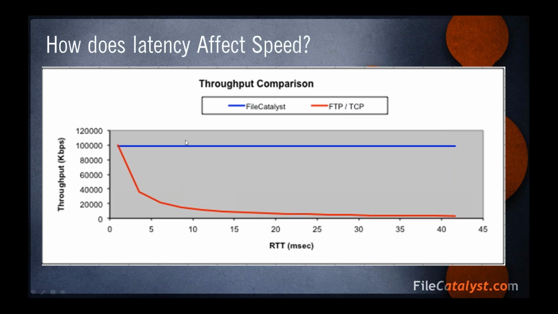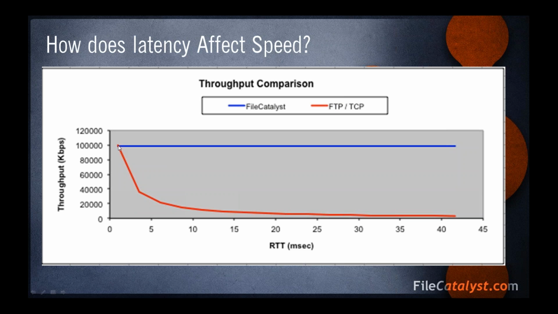So here's an example of how FTP or any TCP network performs. By FTP or TCP I mean CIFS, HTTP, SFTP, any network, like Windows file sharing, for example. It's all TCP based. As you can see, this is a 100 megabit connection.